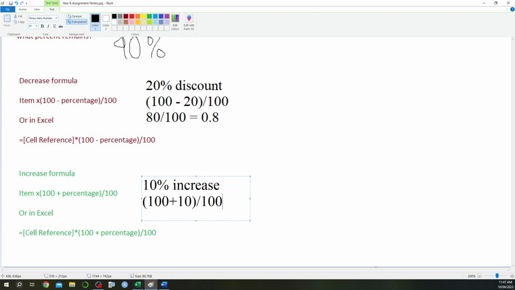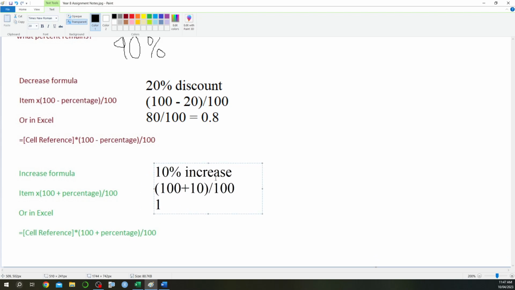And that's going to give you a bit more. Okay, so 110 divided by 100 is equal to 1.1, and that is the multiplier.